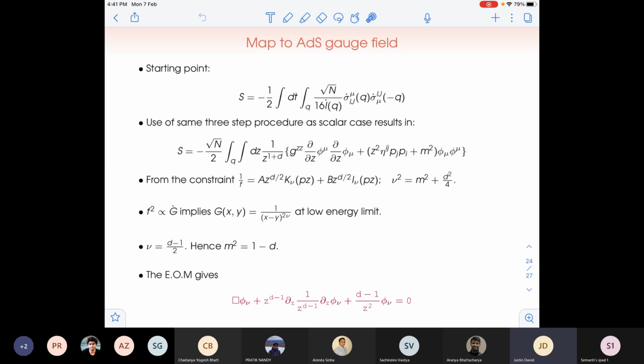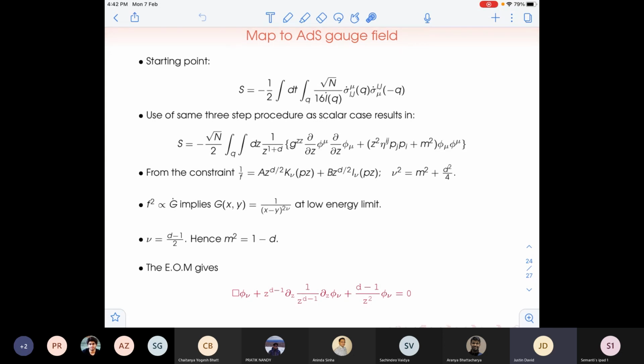Because it's supposed to be Maxwell's action in the bulk, but these equations of motion don't have that symmetry. It is arising as a gauge-fixed version of it, right? Just by looking at these equations of motion, how can we map to Maxwell's equation?